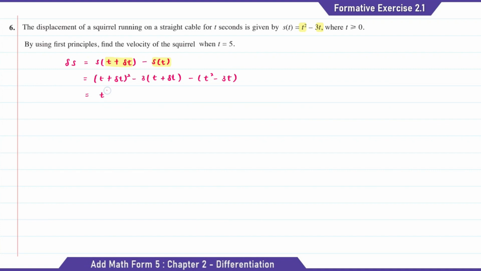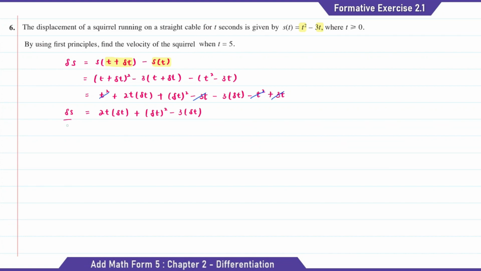Expand this, we're going to get t squared plus 2t delta t plus delta t squared minus 3t minus 3 delta t minus t squared plus 3t. So here t squared minus t squared will be cancelled, as well as negative 3t plus 3t. So this will be the delta s.